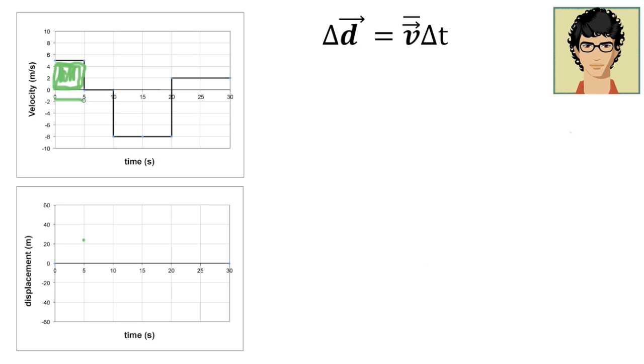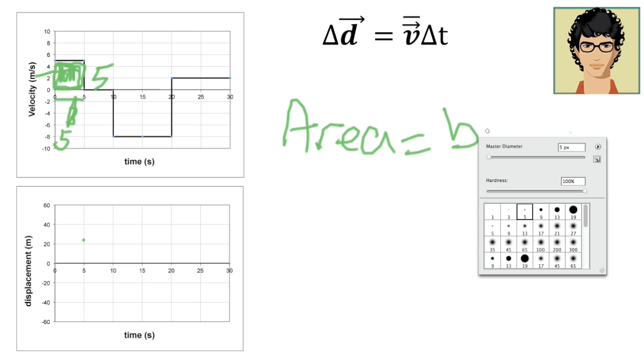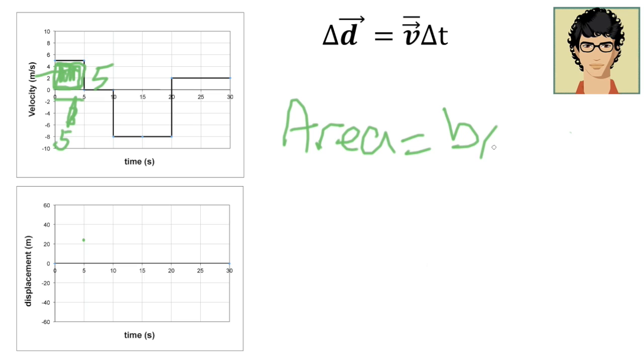The base is 5 seconds, right? That's 5 seconds, like that. And over here, the height is 5 as well. So area, which is base times height, is going to give us the displacement.